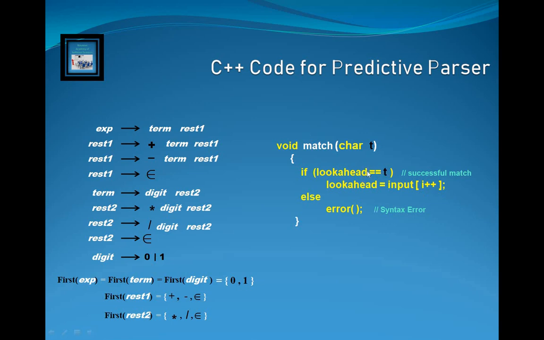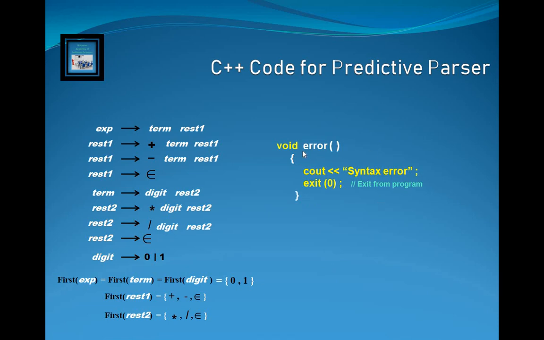If the grammar and our input are successfully matched, then all is okay, and we have to go towards the next token. In that case lookahead is equal to the next token in the input one-dimensional array of characters, or you can say the next character in the input string.